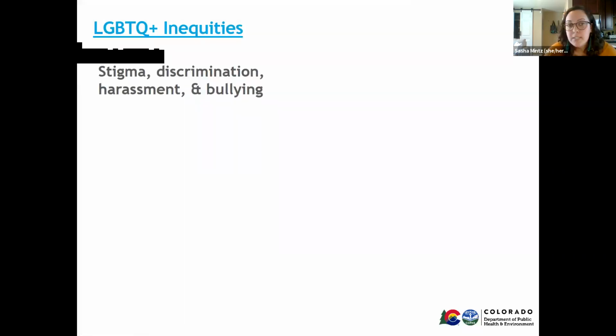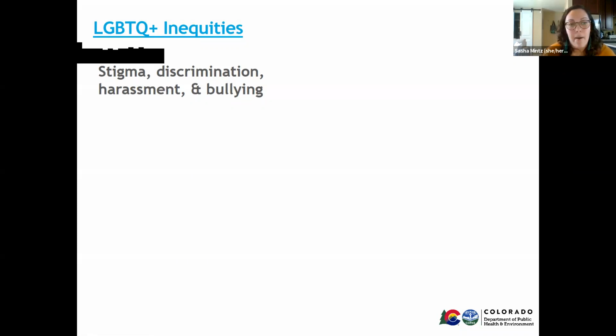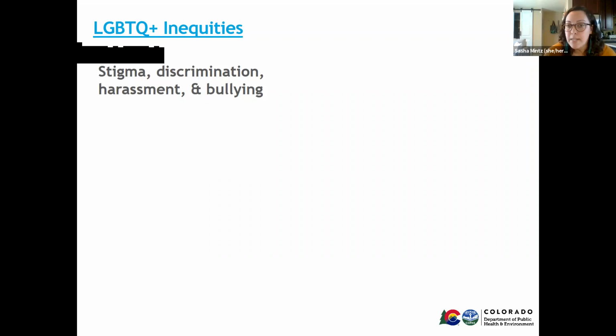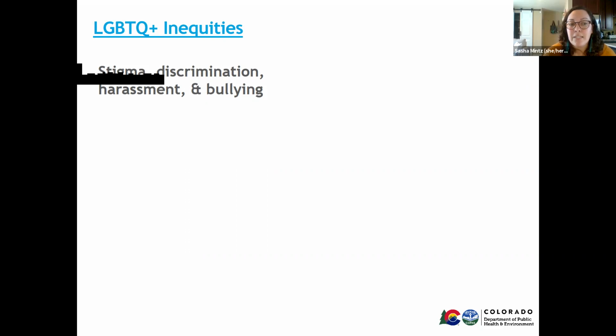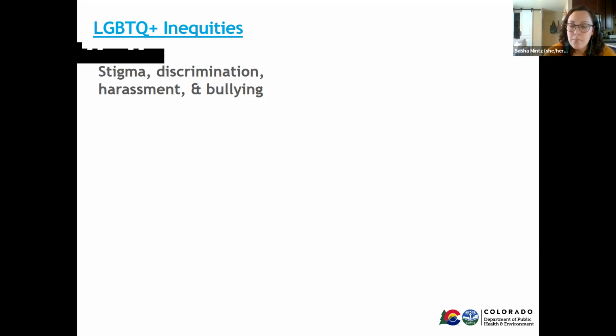There are disparities in health outcomes by sexual orientation and gender identity that result from the social context facilitated by discrimination, stigma, and bias. Although all young people might experience harassment and bullying, those who identify as or are even perceived to be LGBTQ+ are exposed to additional harm.